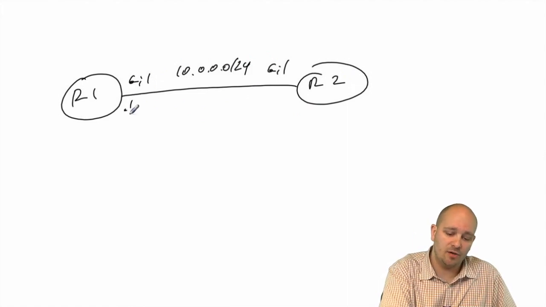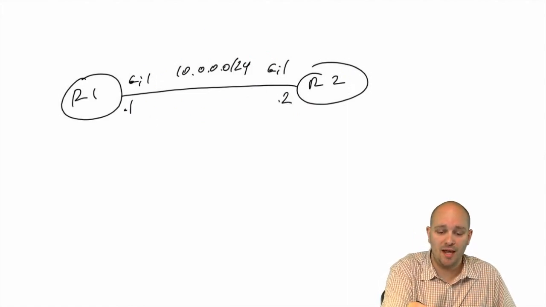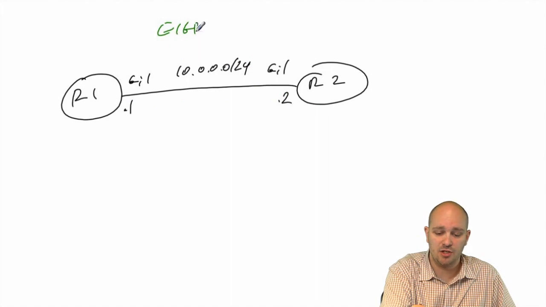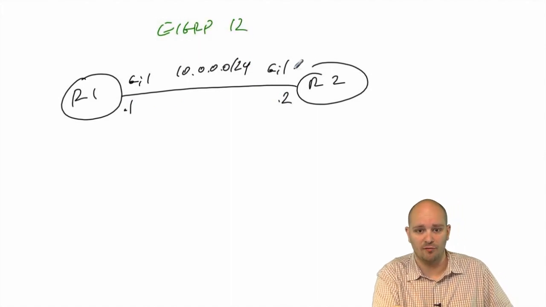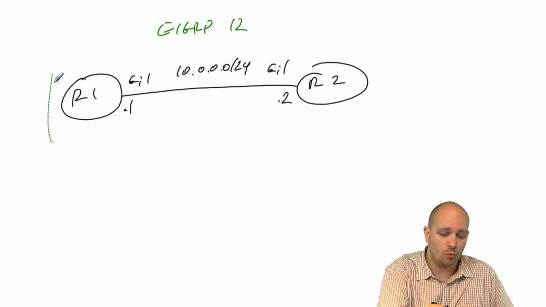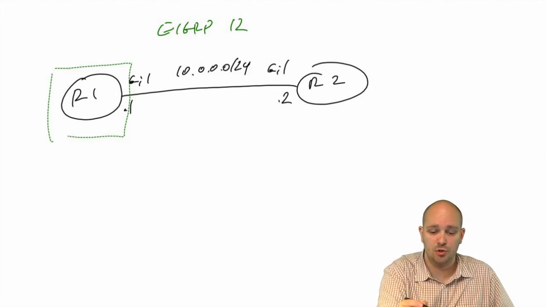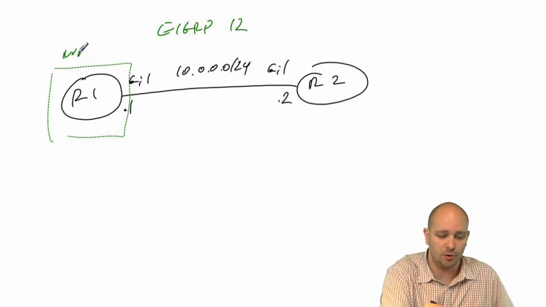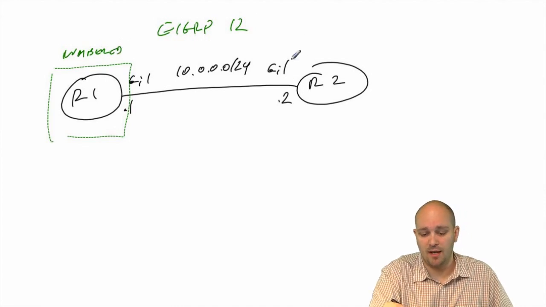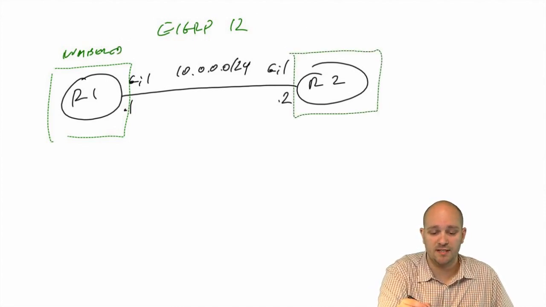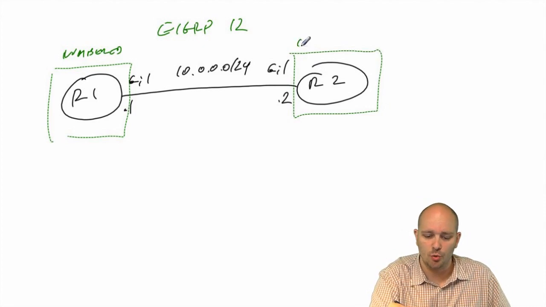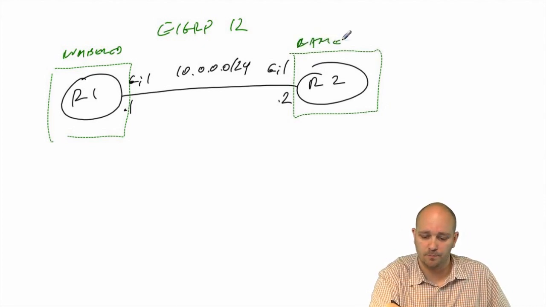And what I have here is .1 and .2, and between them I have EIGRP in AS 12 configured. On R1 I have configured this using the traditional numbered mode, and on my R2 I have configured this EIGRP process using the new named configuration.